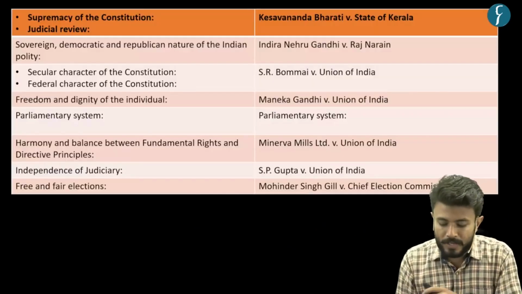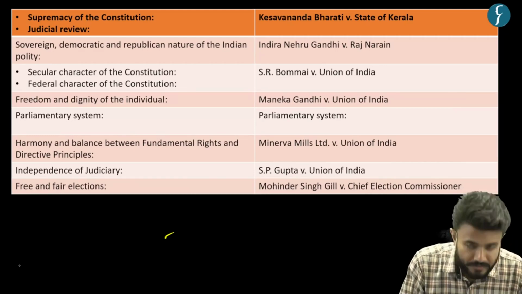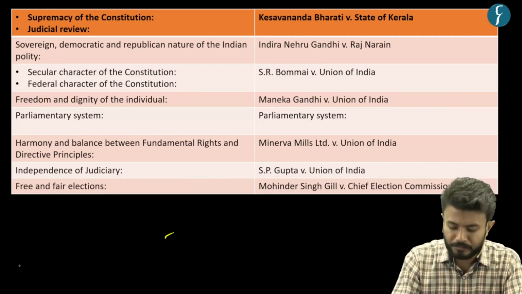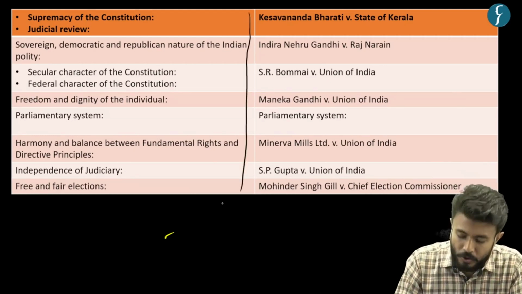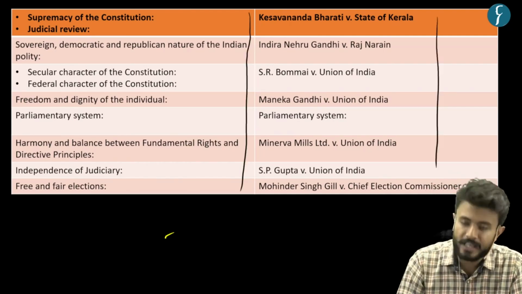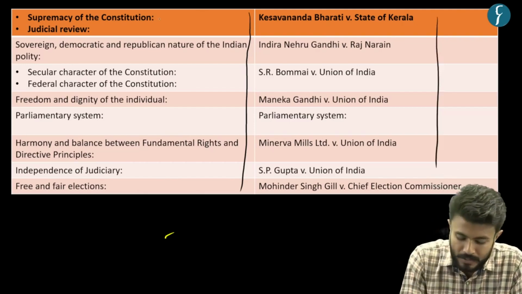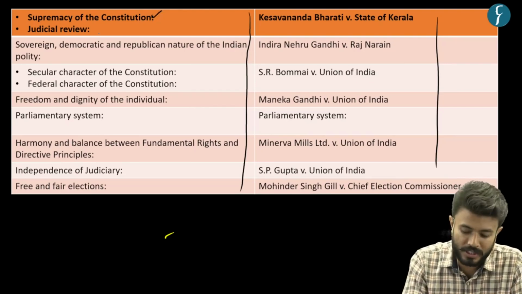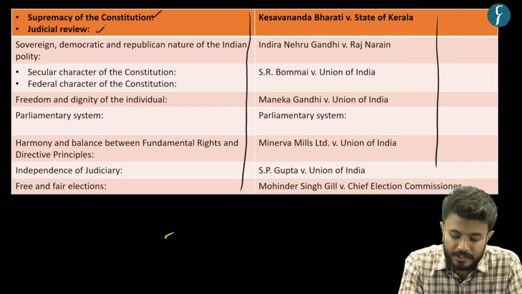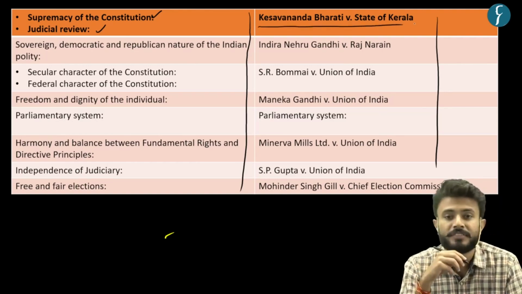Okay. Now, if we see this particular chart here, important facts are written about which are the key important elements of basic structure in India and in which case each element became the basic structure. Okay. For example, supremacy of the constitution and judicial review. These were made part of the basic structure in the Keshavananda Bharati case.